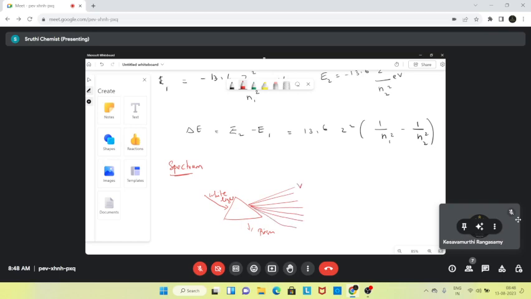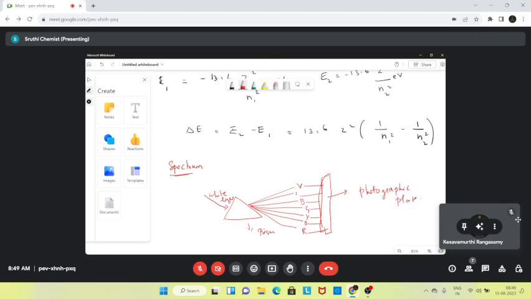Now you have a photographic plate here, and all the 7 colors will be seen on the photographic plate. So the splitting of white light is called a spectrum.